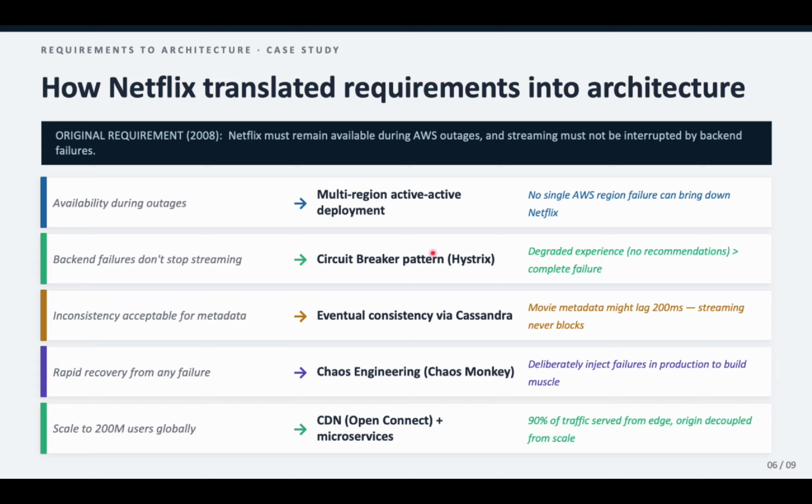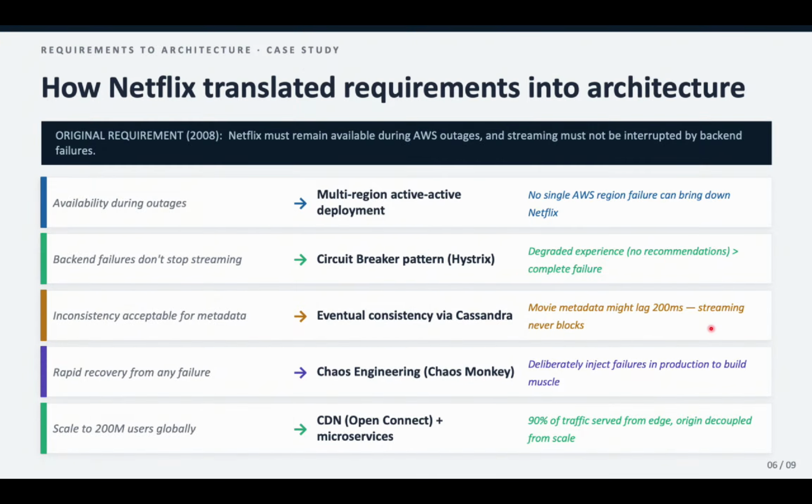Because AWS will have outages. Every cloud provider does, and if Netflix goes down when AWS goes down, that is a catastrophic single point of failure, and then millions of customers cannot watch movies, revenue stops, trust is destroyed.